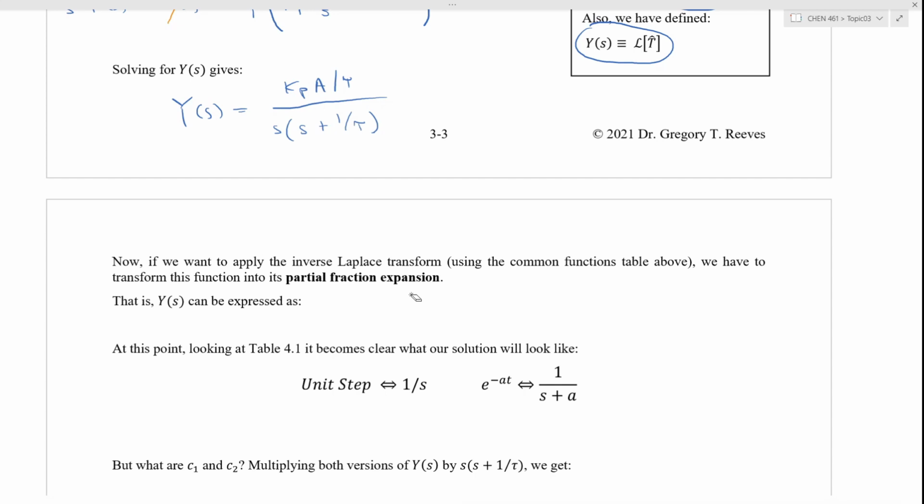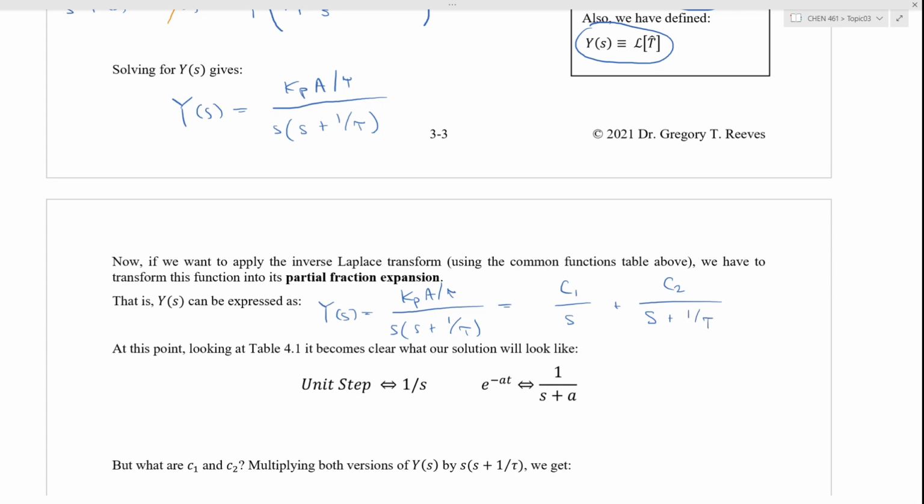In any case, partial fraction expansion makes it so Y of s, which is still equal to Kp times A over tau, all divided by s times quantity s plus 1 over tau, can be put in the form of some constant c1 over s, plus some other constant c2 over s plus 1 over tau.